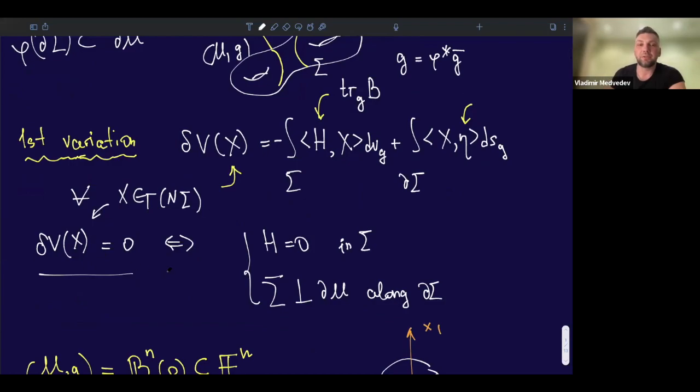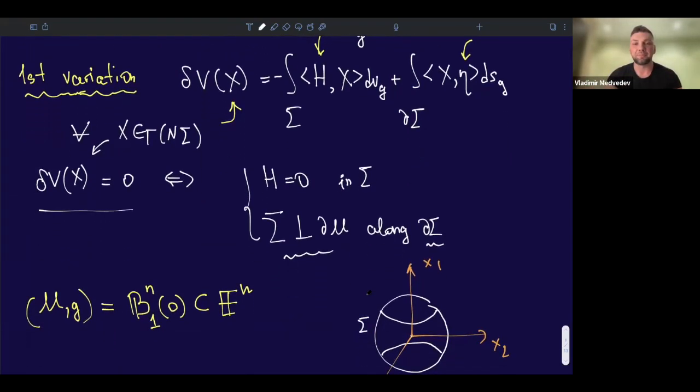And it turns out that it is possible if and only if H is 0 in Sigma, and Sigma is perpendicular to the boundary of M along the boundary of Sigma. One usually says that Sigma meets the boundary orthogonally along the boundary of Sigma.